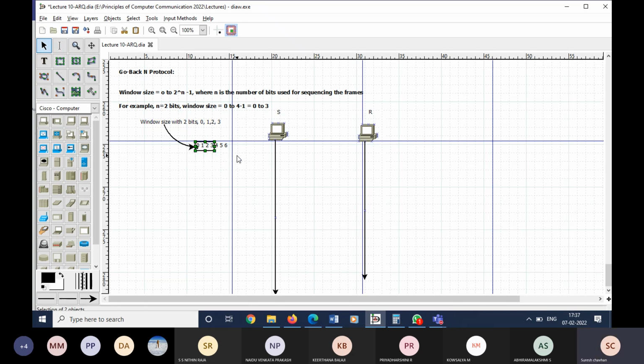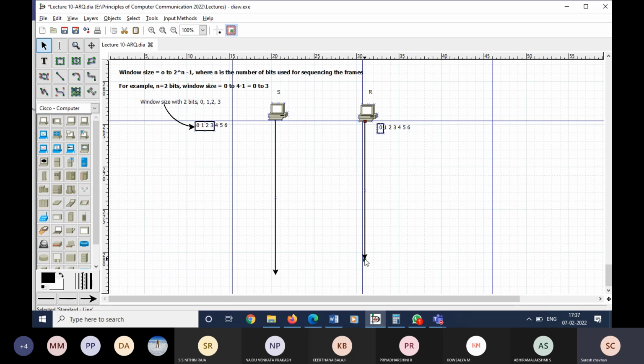Similarly, at the receiver side, as I mentioned earlier, it will have only one. Very important, listen carefully. Whenever the receiver receives the frame and sends the acknowledgement for that frame, only then will the source window shift.